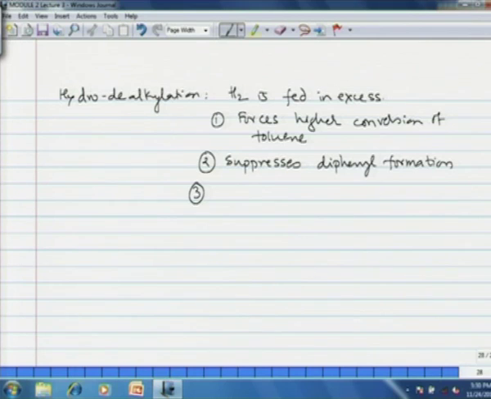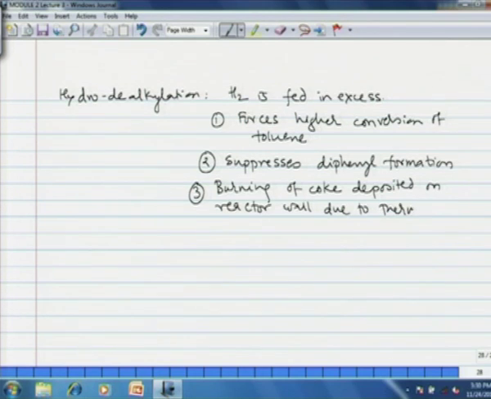So, the third role excess hydrogen plays is burning of coke deposited on the reactor wall due to thermal decomposition. And finally, excess hydrogen also helps in limiting the temperature of the process, because it acts as a heat diluent, it absorbs heat.